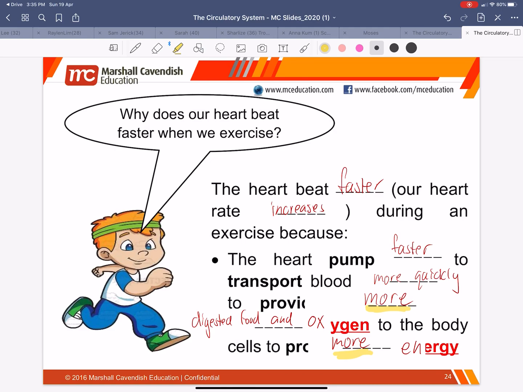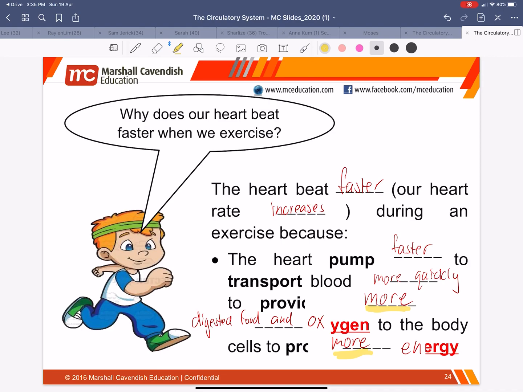If you don't put in the word more, it's as if you're telling the examiner that under normal circumstances you do not need oxygen or digested food, or maybe even your cells don't even produce any energy at all.